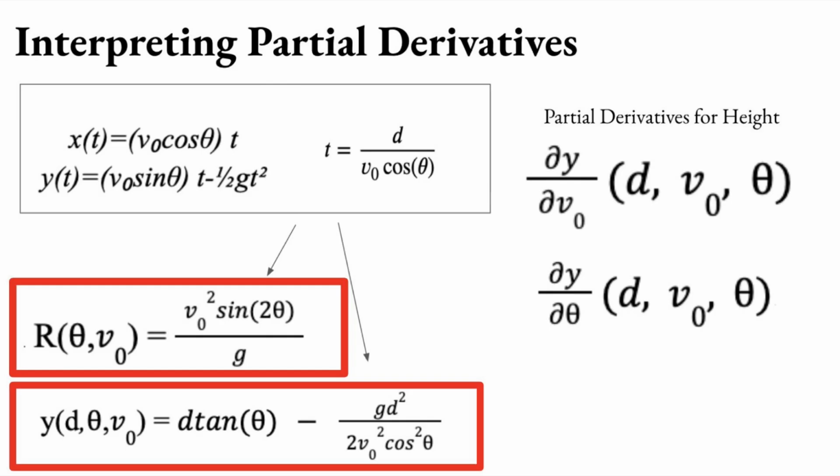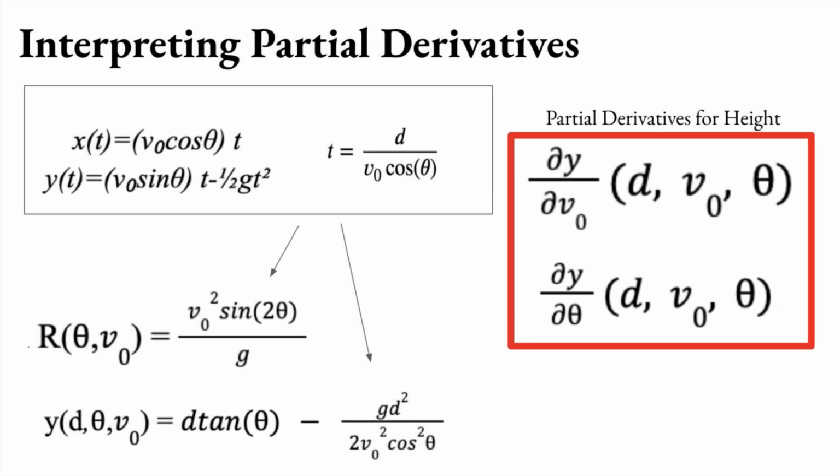When we take the partial derivative, as seen on the right here, of height with respect to speed, we're asking, if I swing a little bit faster, how much higher will the ball go, assuming I keep my angle the same?